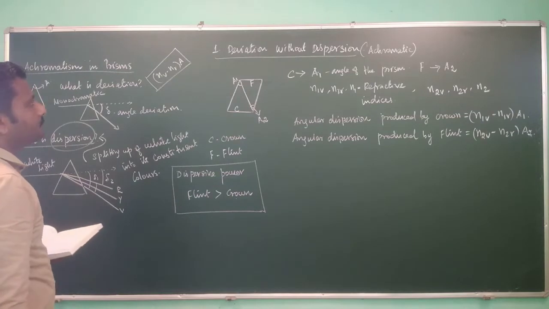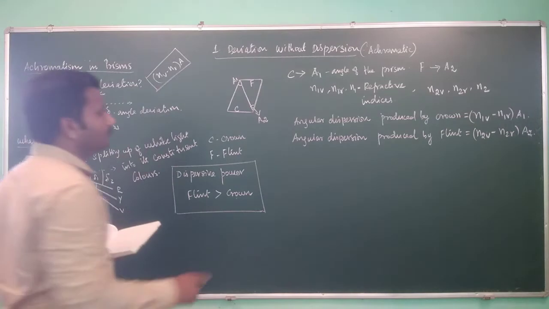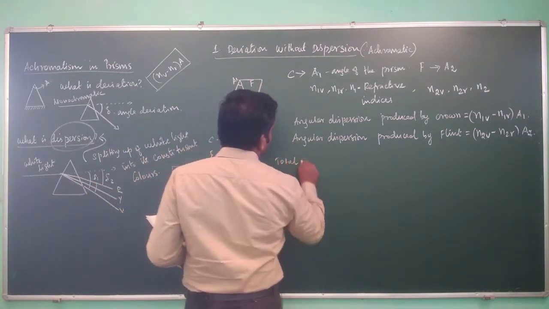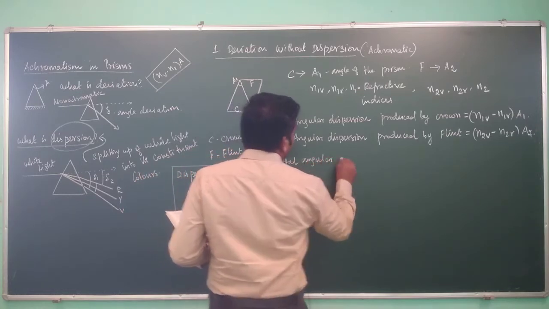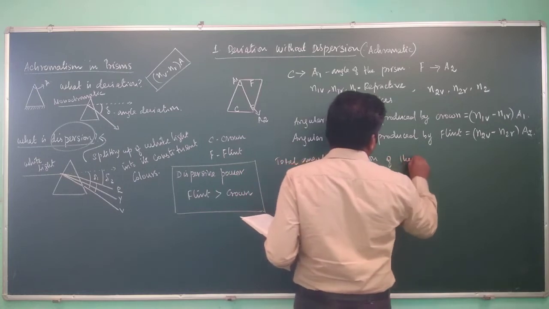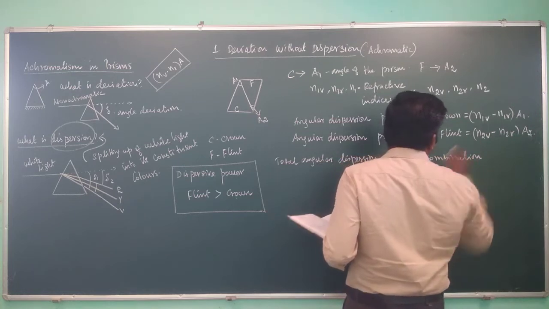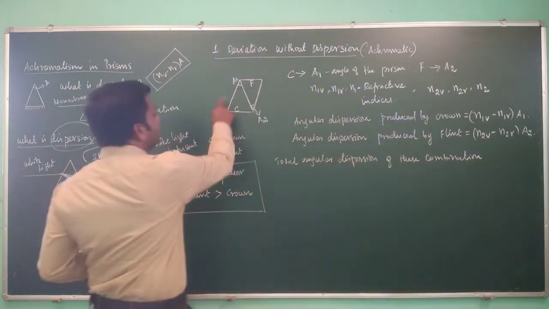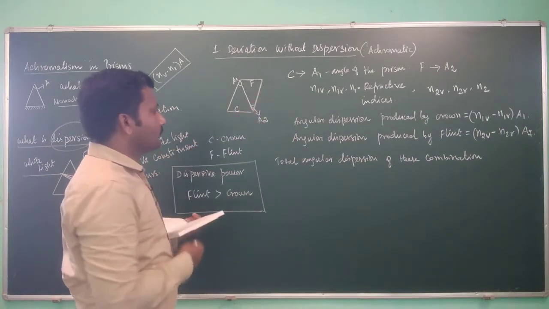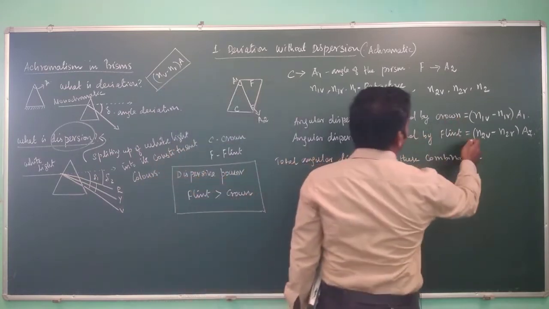Now, what do we want? Deviation without dispersion. Now, if you write the total angular dispersion of this combination, if we are having two prisms, crown and Flint, which are in opposite direction, the total angular dispersion of this combination will be the sum of these two, right?